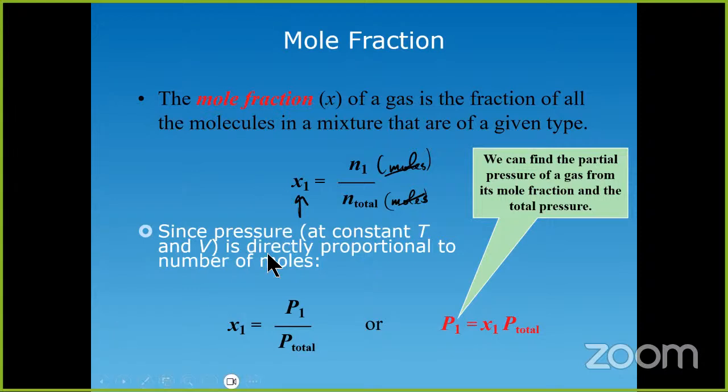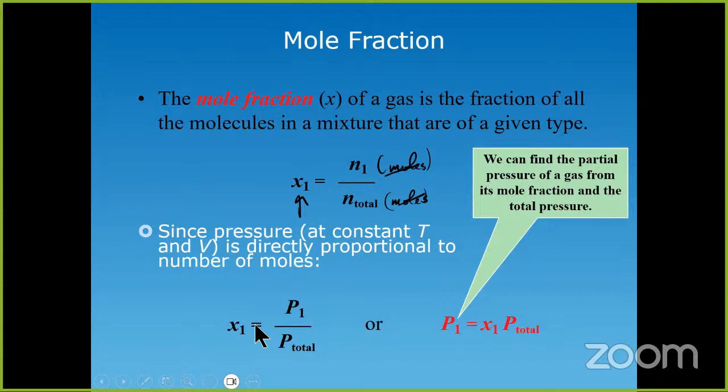Now, because there is a direct relationship between pressure and the number of moles of gas, provided that the temperature and volume are constant, we can use pressure values for the gaseous mixture to calculate the mole fraction of a component. So this is another equation you can use: the pressure of gas 1 divided by the total pressure of the gaseous mixture.